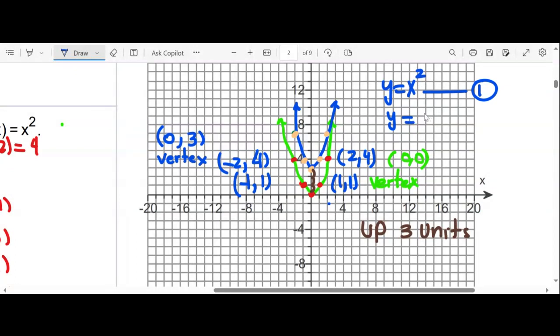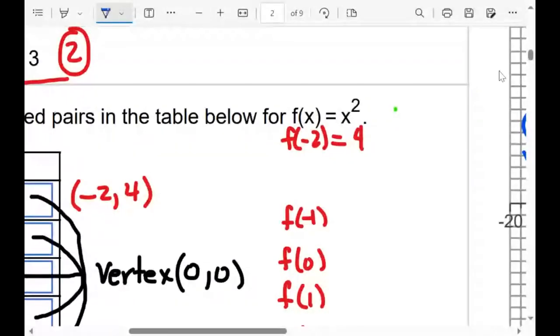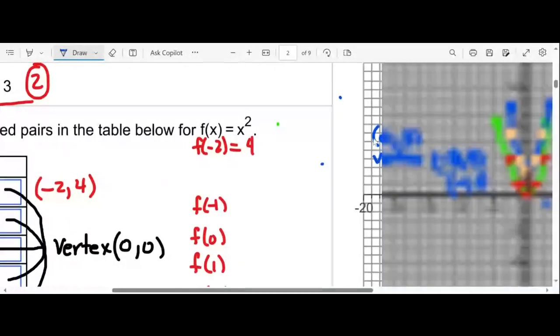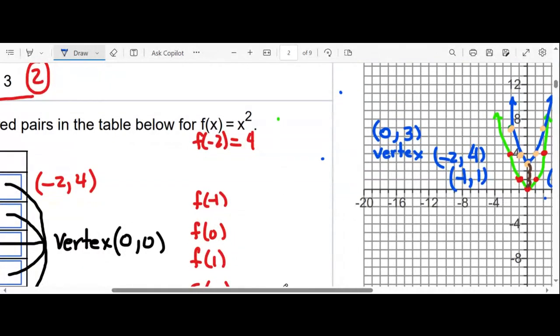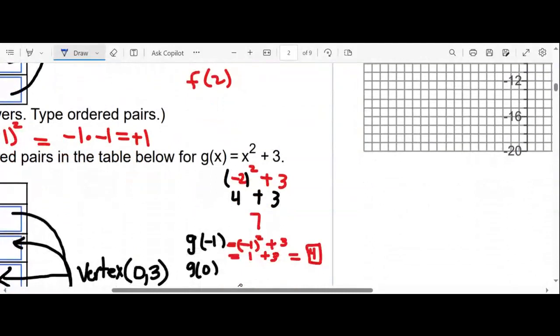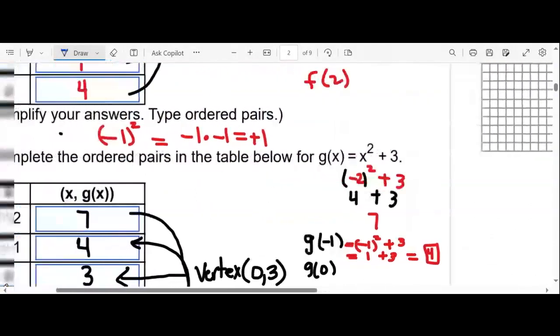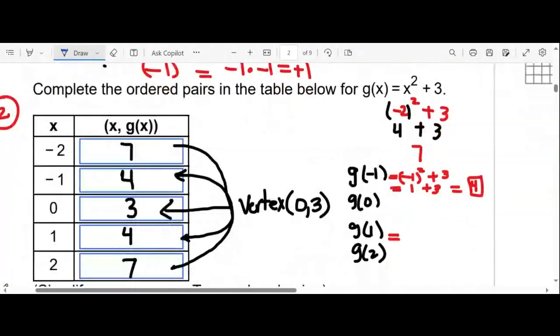What about the second one? The second one, x squared plus 3. So we're going to make the table, the same table as we did before. So what are the points now? It's written in the tables. It's 0 and 3.